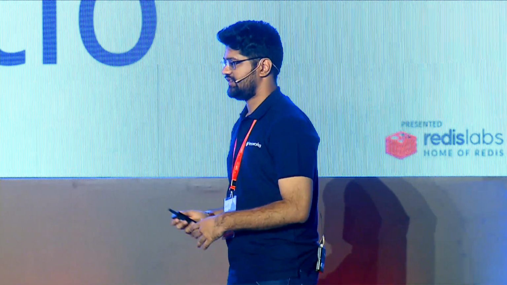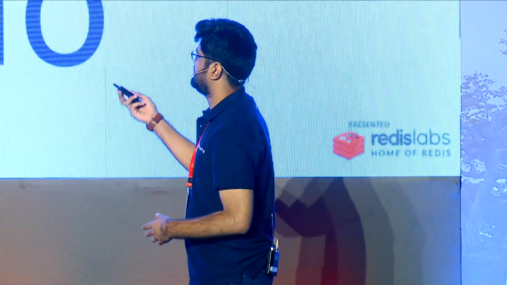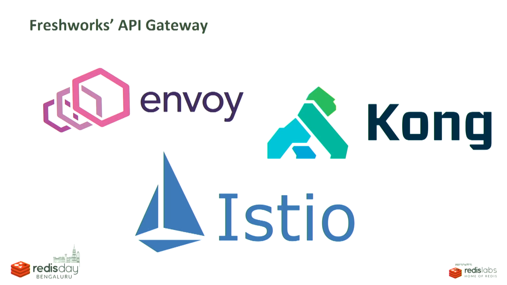If you look into the market to see what API gateway solutions are available, you'll probably come across Envoy, and then there's Istio, and then there's Kong. We evaluated all of these API gateways, and we decided that Envoy works best for the Freshworks infrastructure. A lot of reasons went into this decision-making process.